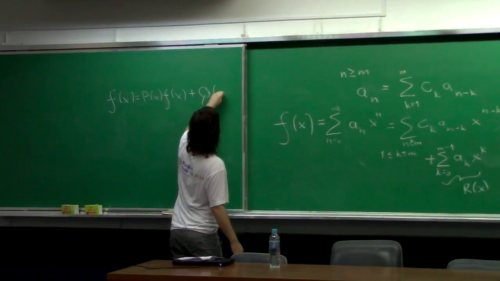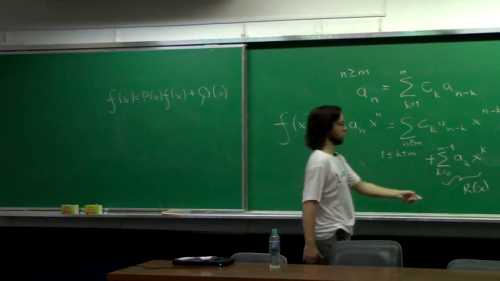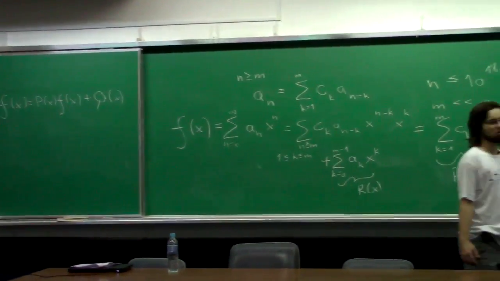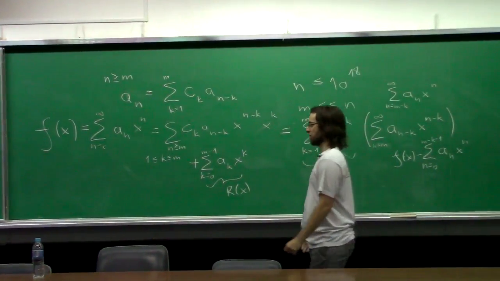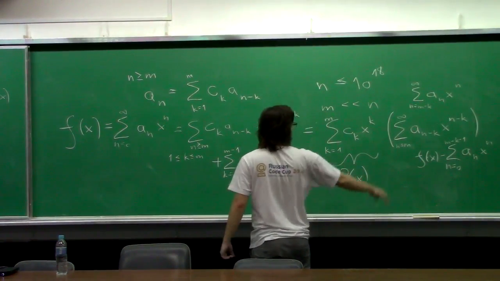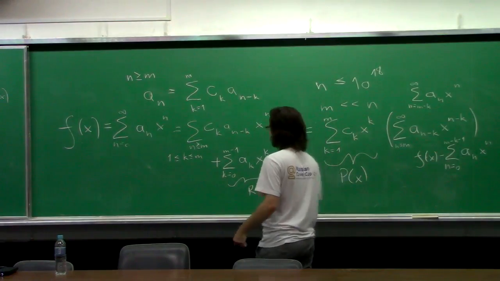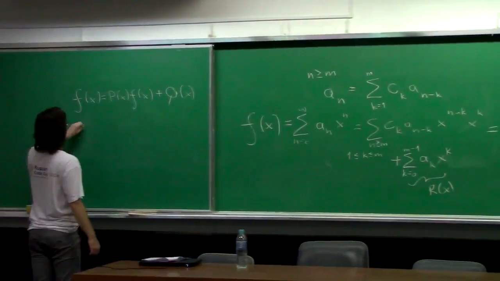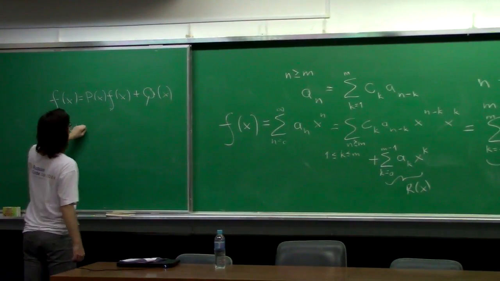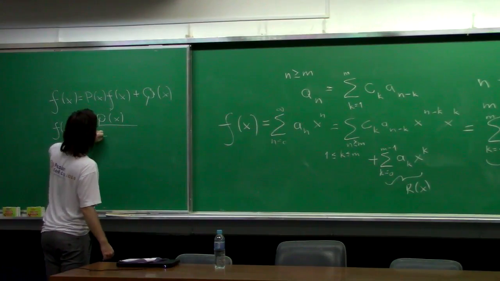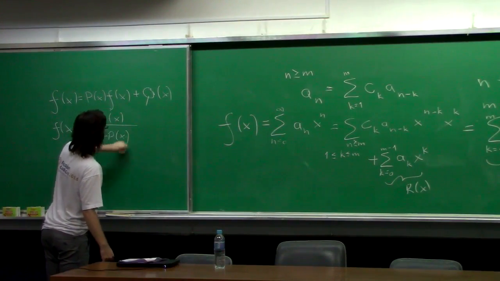Let's just denote it by q(x). This polynomial q is just this polynomial minus p(x) times some of these polynomials. We can probably express it in some simpler way, since this sum is sufficiently nice, and there is this polynomial p. But anyway, we know that f(x) is equal to q(x) divided by 1 minus p(x).